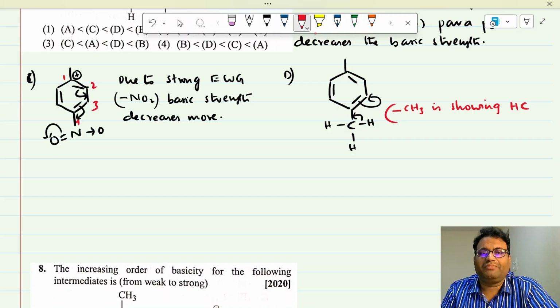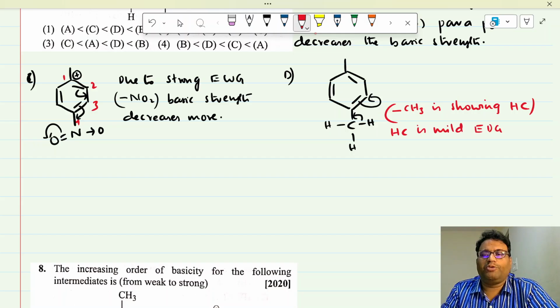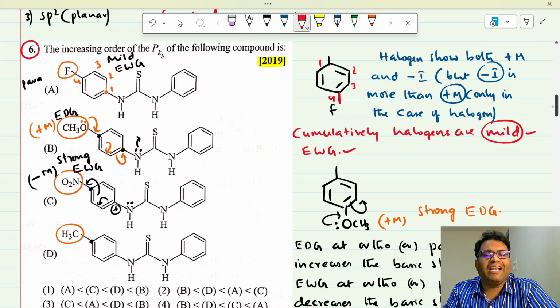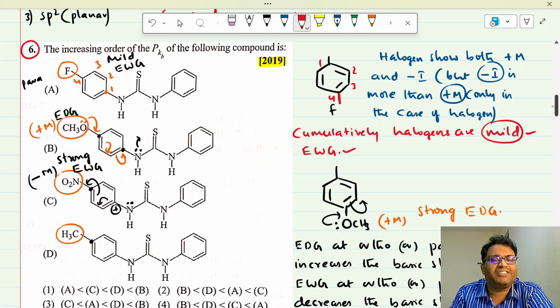Compared to plus M, hyperconjugation is a mild electron donating effect. So overall, electron donating groups increase the electron density and increase the basic strength. Electron withdrawing groups decrease the basic strength.